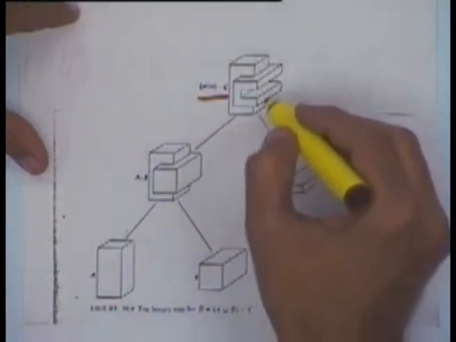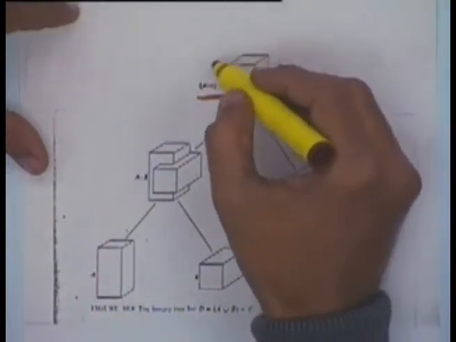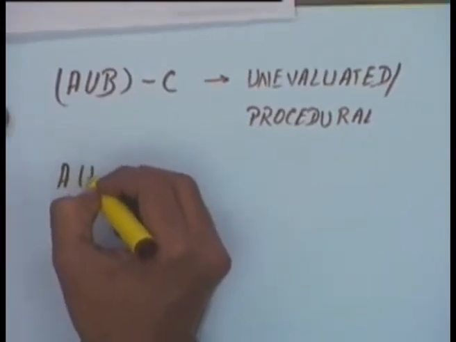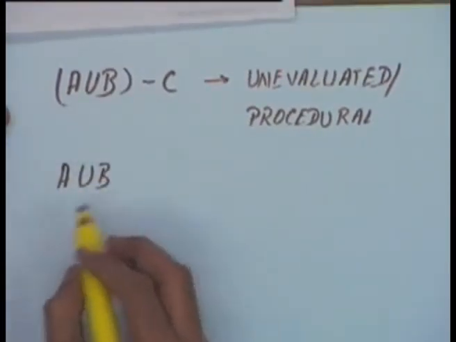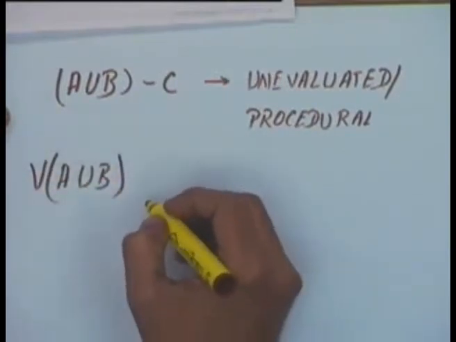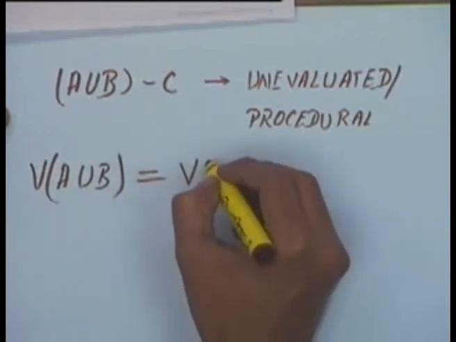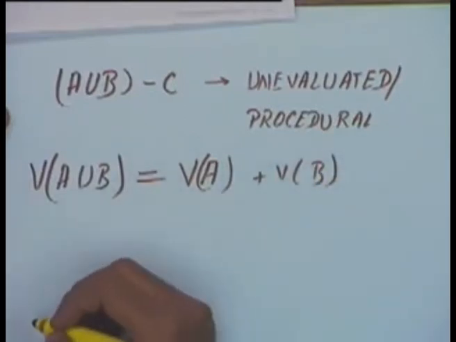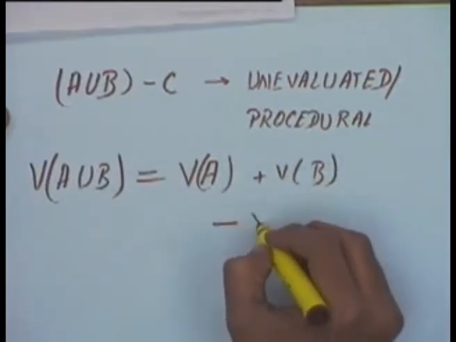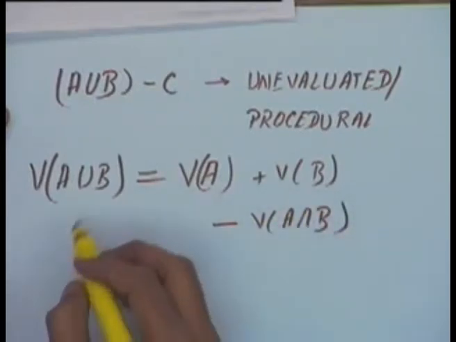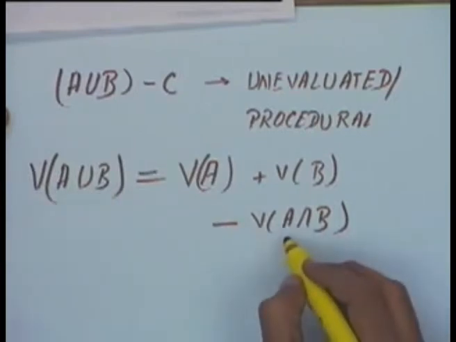Because if we have a model like this, and we want to get some solid properties from this model, it is normally not possible. For instance, if I just take A union B and I want to find the volume of A union B, I cannot say that volume of A union B will be equal to volume of A plus volume of B. It will be volume of A plus volume of B minus volume of A intersection B. So if I have to find the volume of A union B, I have to evaluate A intersection B anyway.